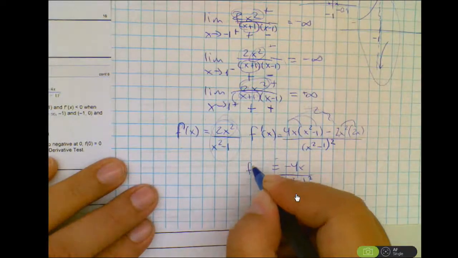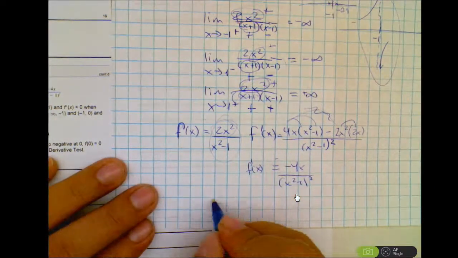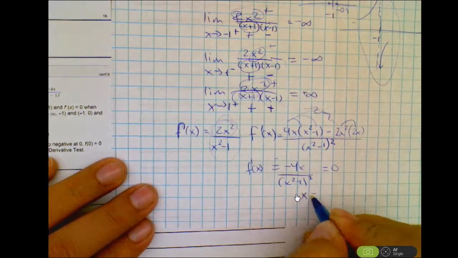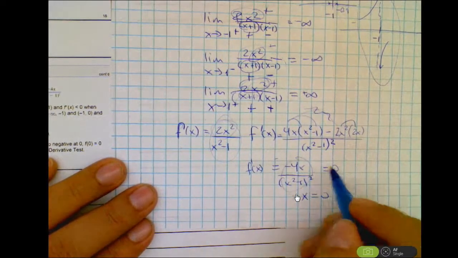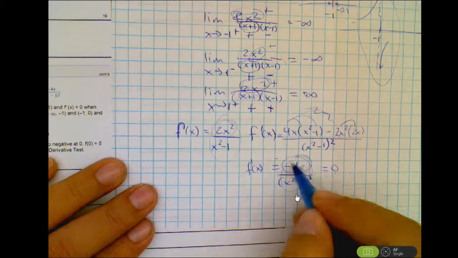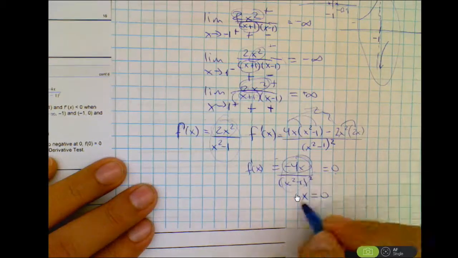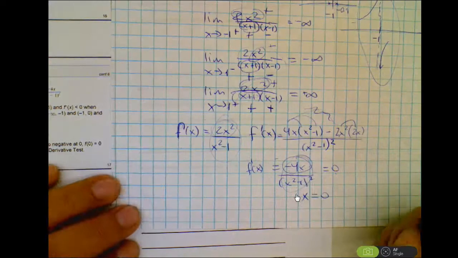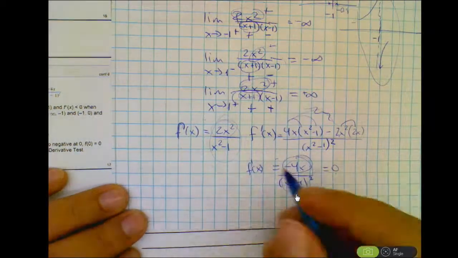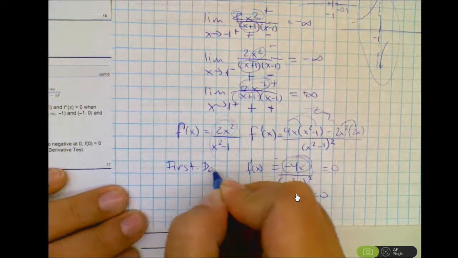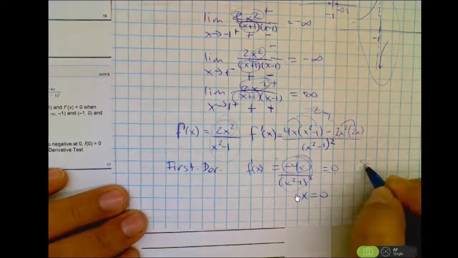So the only thing you have to consider is when f prime of x equals 0, and that happens when x is 0, because when I want a fraction to equal 0, I just have to make the numerator 0. So negative 4 times x equals 0, so x is 0. I'm going to use the first derivative test, and then show you the difference between that and the second derivative test.